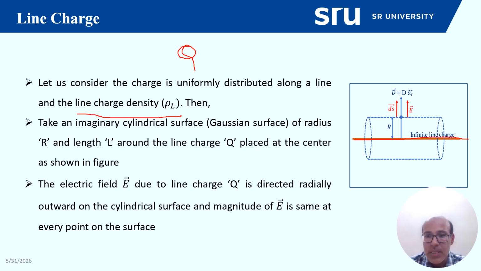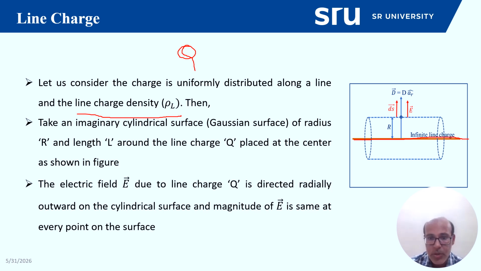Just like density is mass by volume, and charge density is charge by volume, but we are talking about a line charge. Line charge density is charge per unit length. So if you take any unit length, how much charge is present? That is line charge density. So when we talk about line charges, we don't say Q, we say rho L.